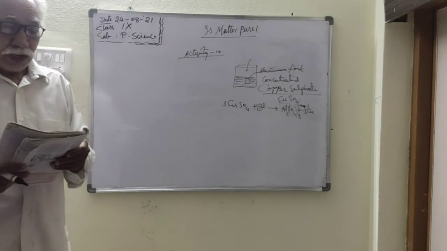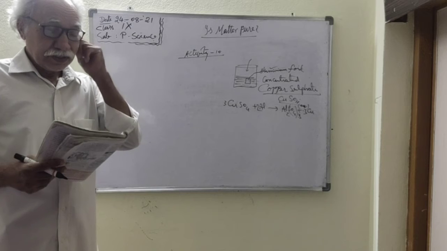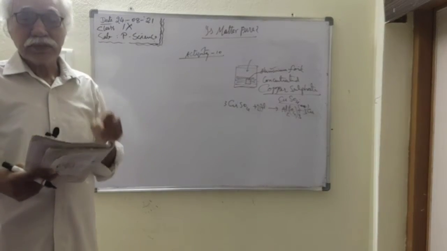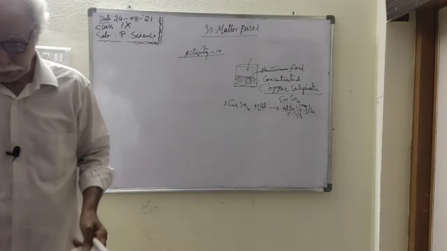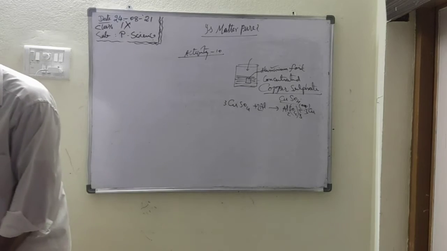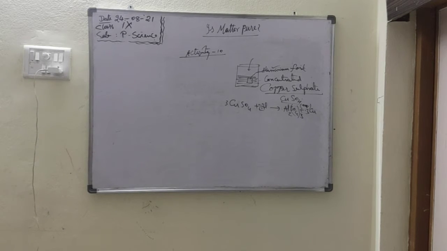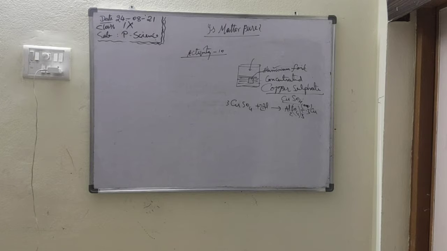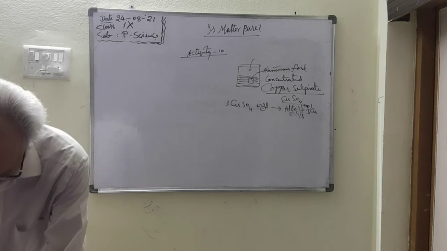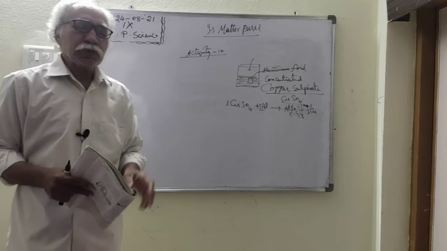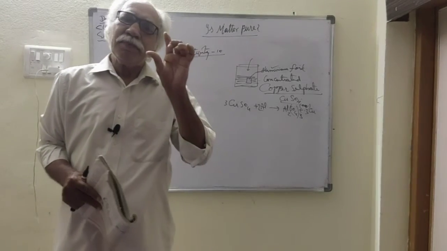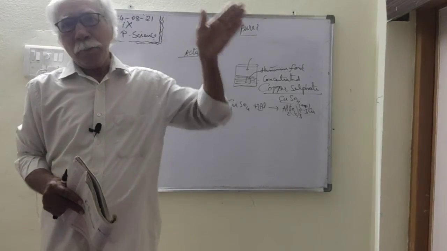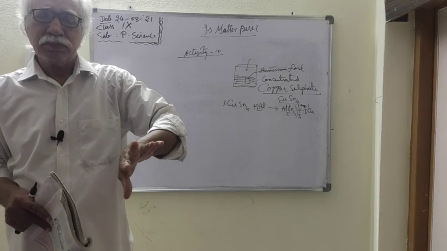Now we have two types of pure substances: compounds and elements. One is called an element, which is a pure substance, and a compound is also a pure substance.